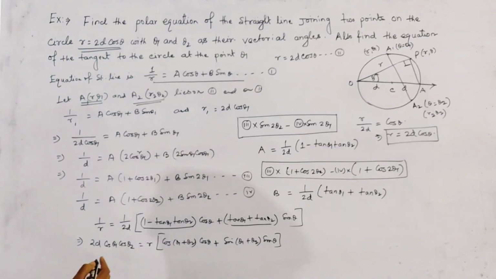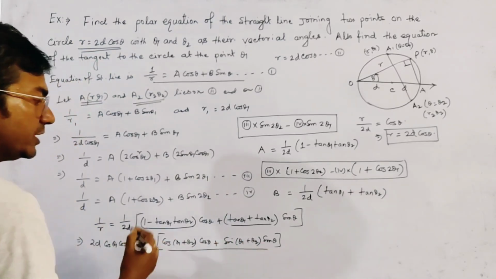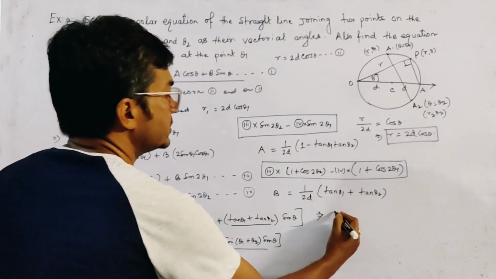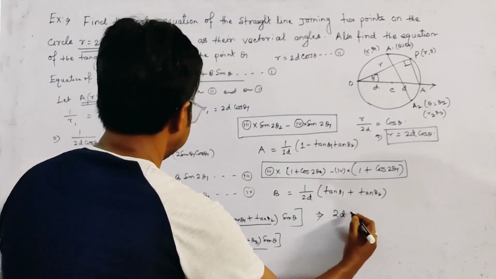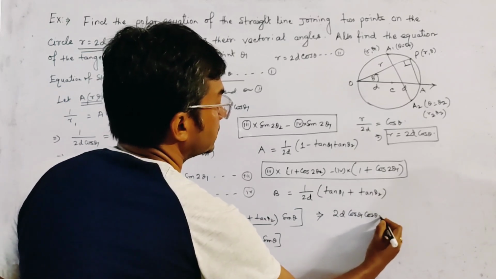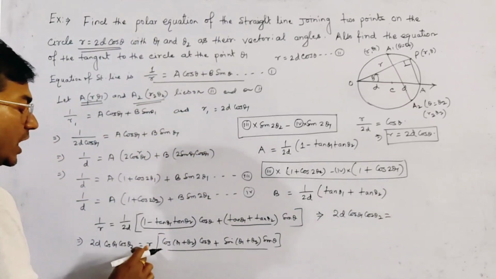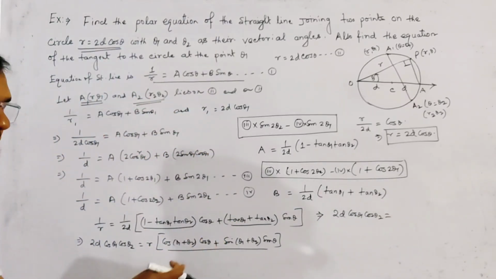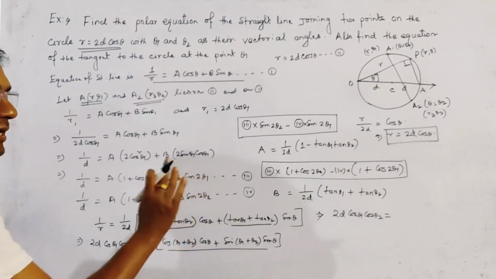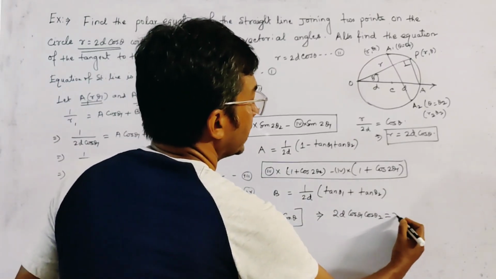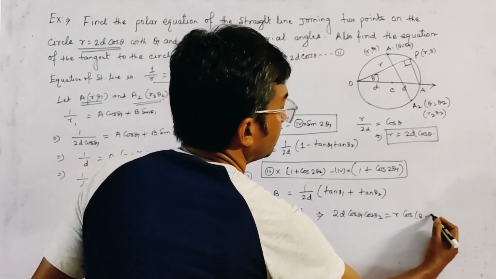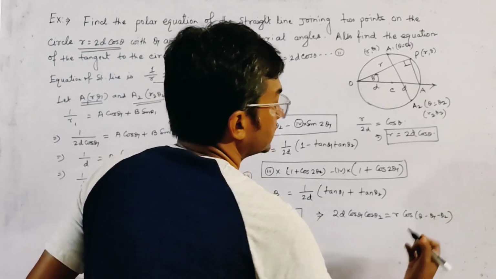Clearly this relation can be written in a more symmetrical form as 2d cos theta 1 cos theta 2 = r cos(theta minus theta 1 minus theta 2), using the trigonometric formula cos a cos b + sin a sin b.